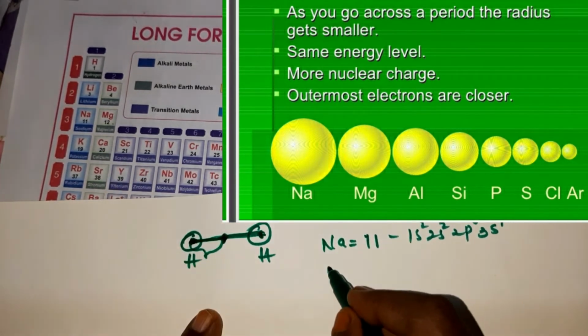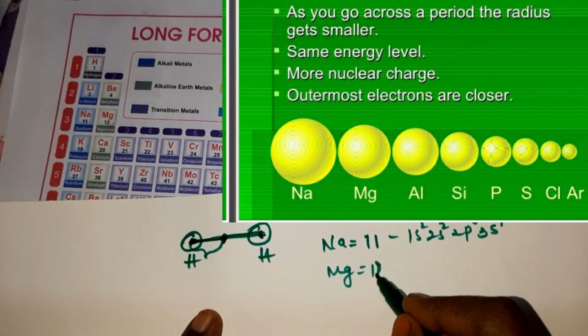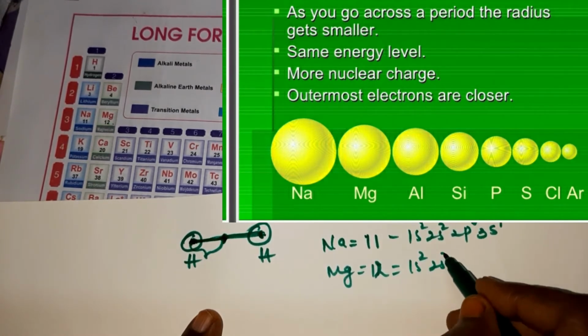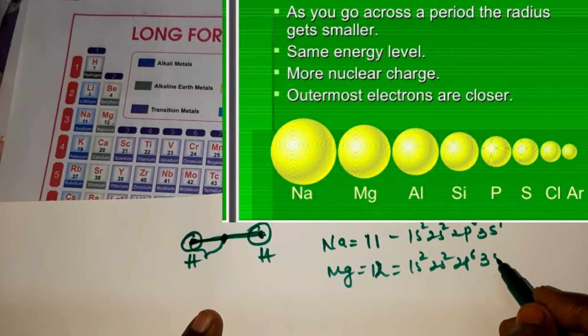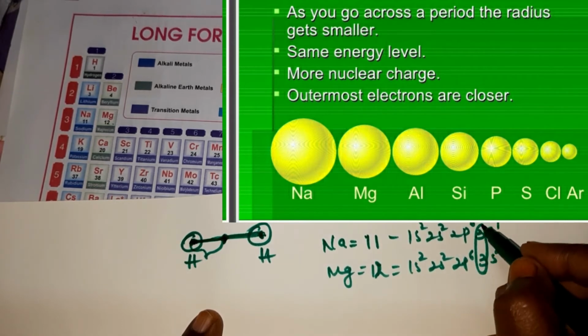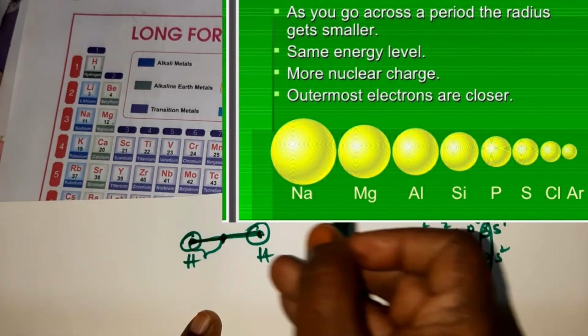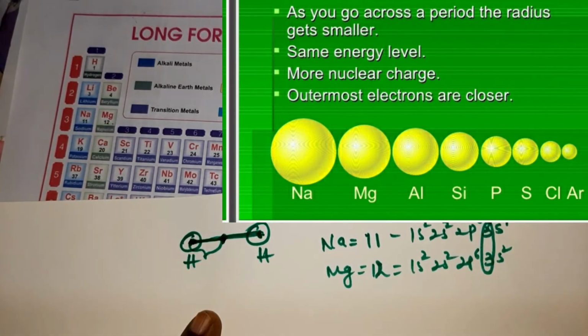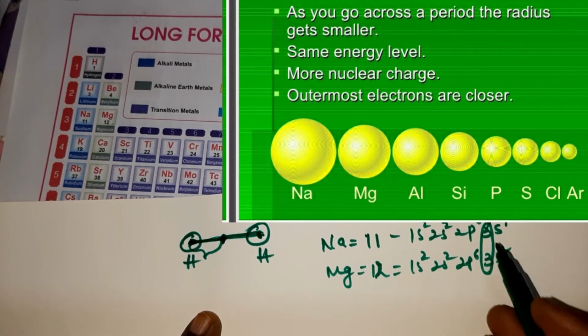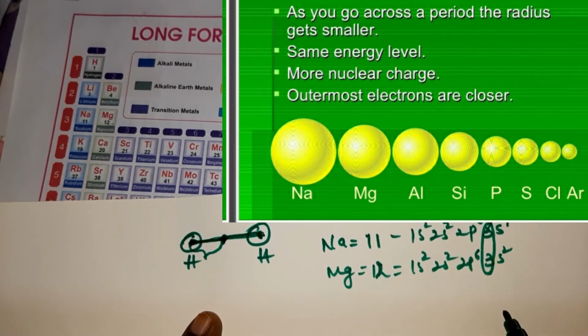And if you take magnesium 12, 1s2, 2s2, 2p6, 3s2. So you find the same energy levels, children. So the whole period from left to right will have the same energy level, but the valence electrons will increase by 1, while the energy levels will be the same.